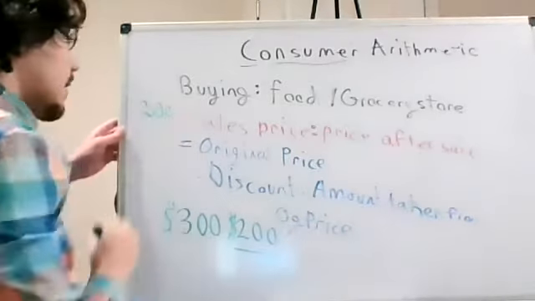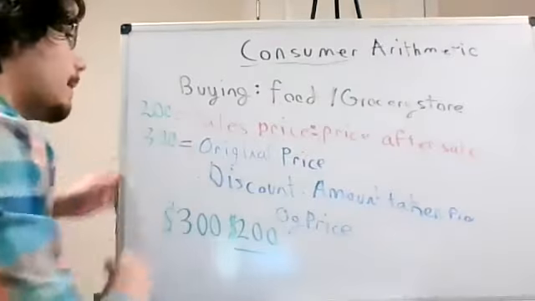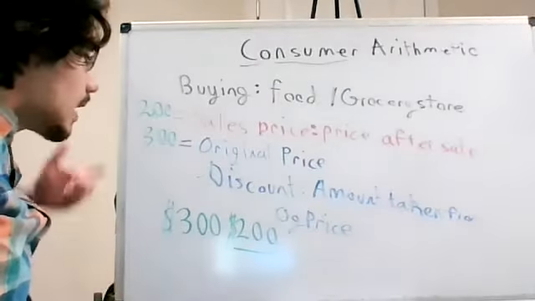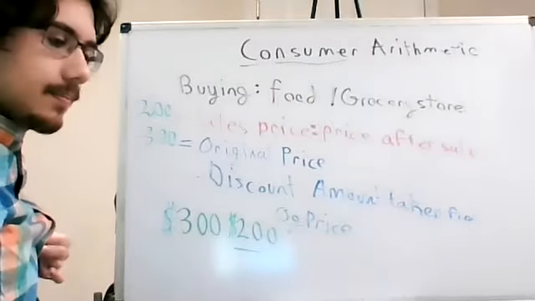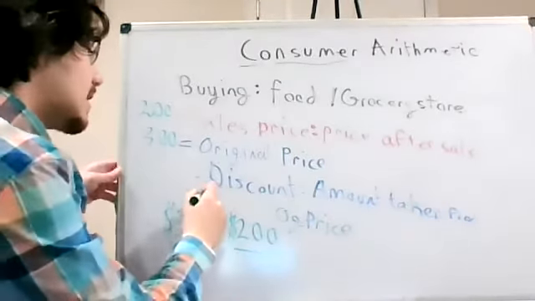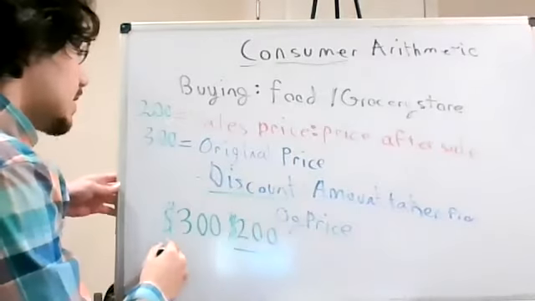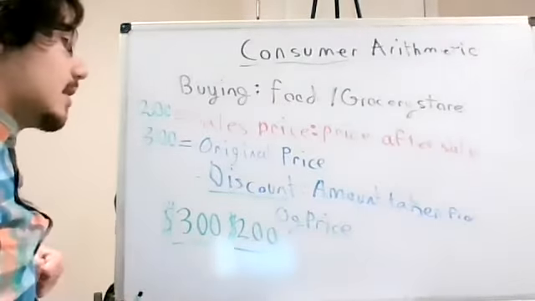So 200 here is the sales price and the original price was 300. So that means what's left that we have to find? The discount. Good. So we want to find the discount by using the original price and the sales price. How could we find the discount?